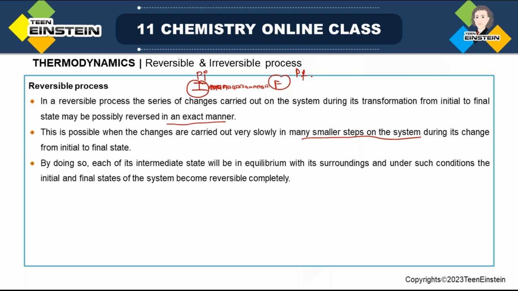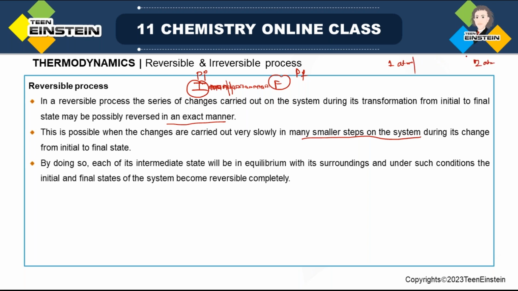But if you are doing it in small changes, what will happen? In each small change, the pressure change will be almost nil. As a small example, suppose initially there is pressure 1 atm and the final pressure is 2 atm.